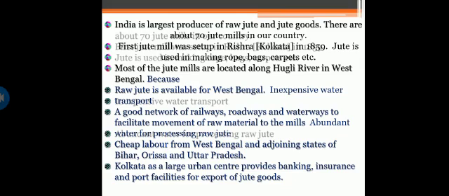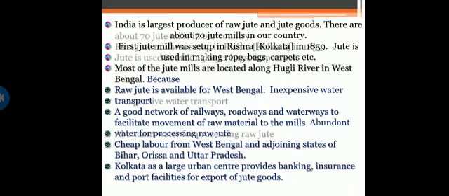Most of the jute mills are located along the Hooghly River in West Bengal, because there may be a question again, why many of the jute mills are located in Hooghly? Because of availability of raw material, inexpensive water transport, a good network of railways, roadways and waterways to facilitate movement of raw materials to the mills, and abundant water for processing raw jute.